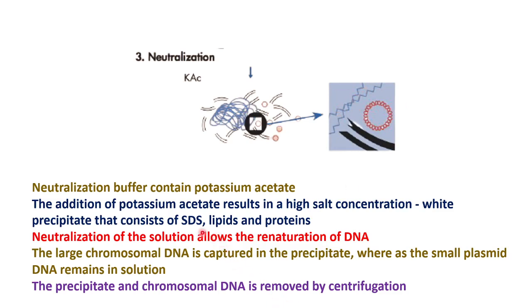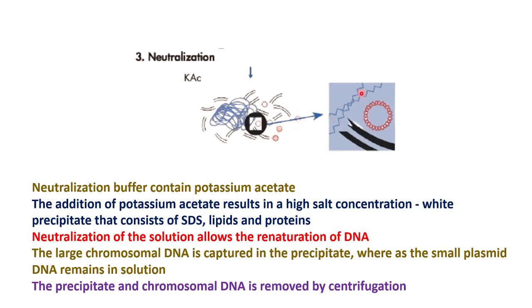As this white precipitate is formed, we take this tube and centrifuge it. Genomic DNA is a big DNA, so it will not get enough time to come back to double strand. But the plasmid DNA, whose two circular single strands were held together even during denaturation, will renature faster.